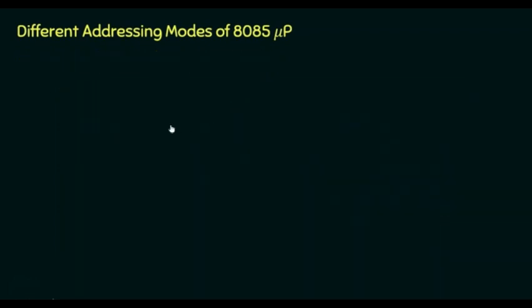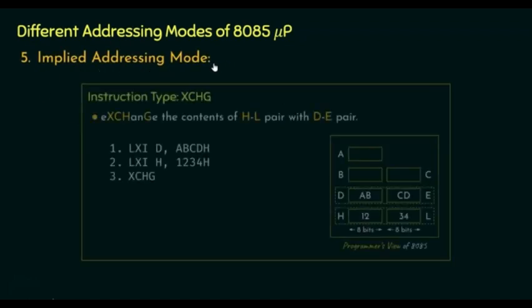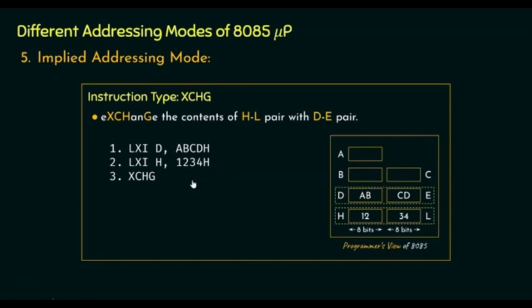Let's learn about the last type, that is implied addressing mode. If you remember, in the previous session we learned about the instruction type XCHG. Interestingly, using this 1 byte long instruction, the contents of the DE register pair and the HL register pair can be exchanged. Notice, within the instruction itself, we never mentioned anything about the HL or the DE register pairs.